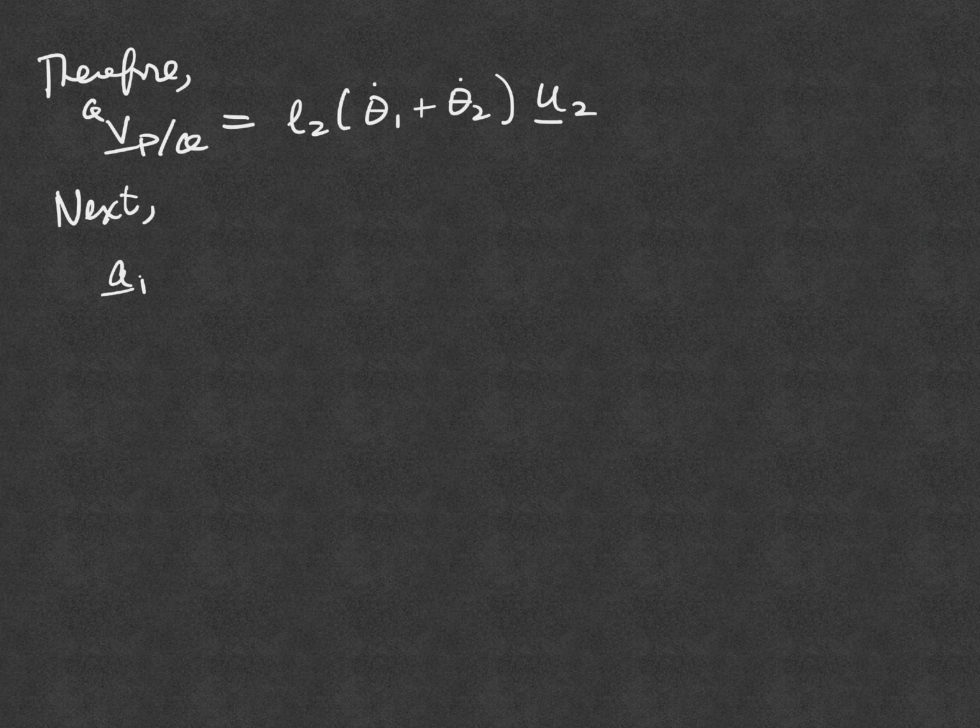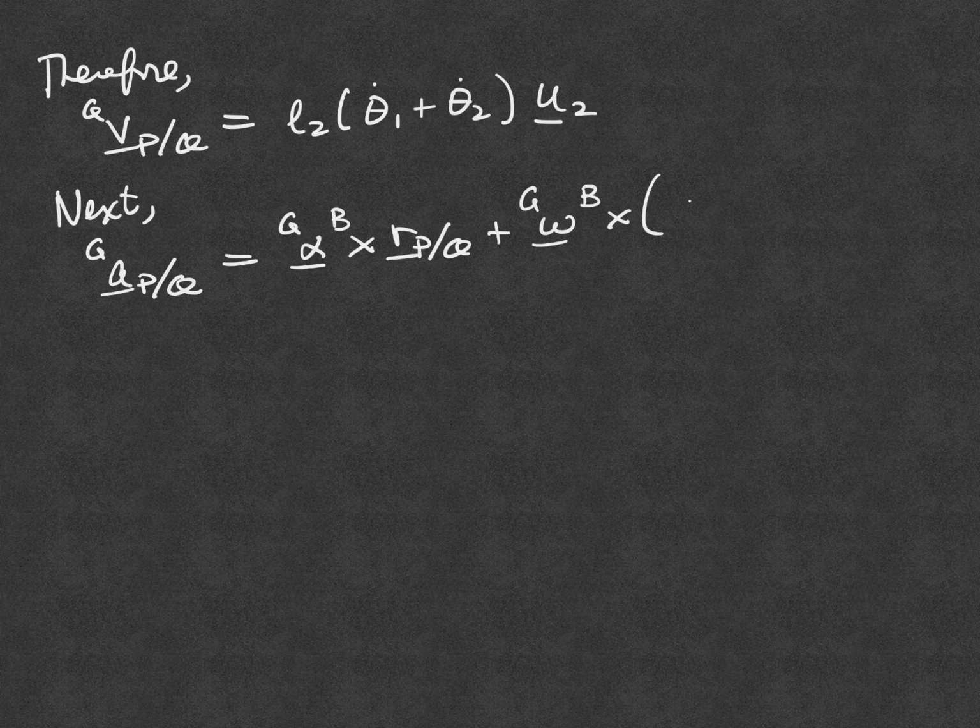the acceleration of P relative to Q in G is equal to alpha BG crossed with the position of P relative to Q plus omega BG crossed with omega BG crossed with the position of P relative to Q. Now I know I already wrote that, but I'm writing it again because I'm trying to reinforce that these are the concepts that we have to use over and over again.